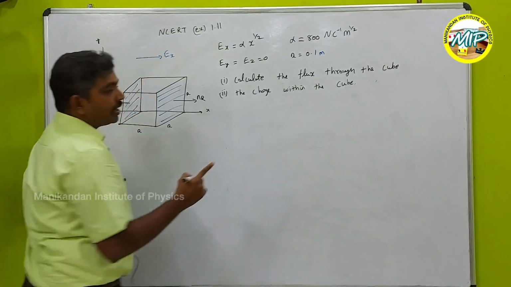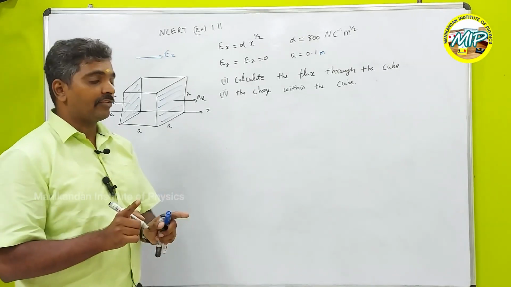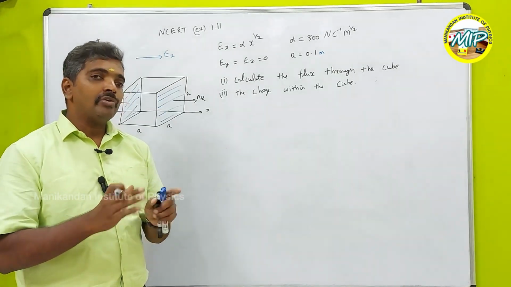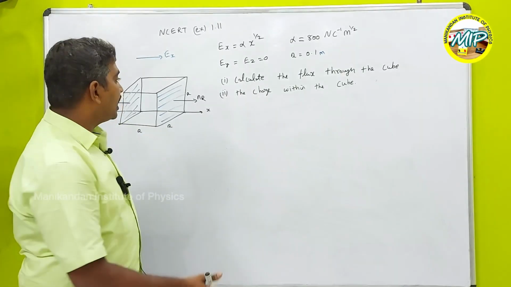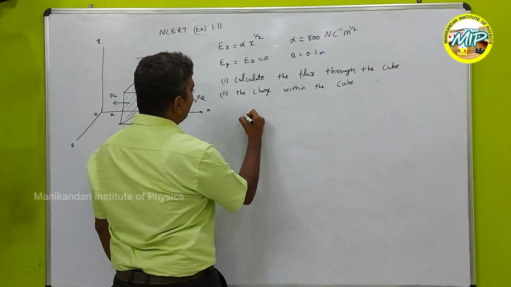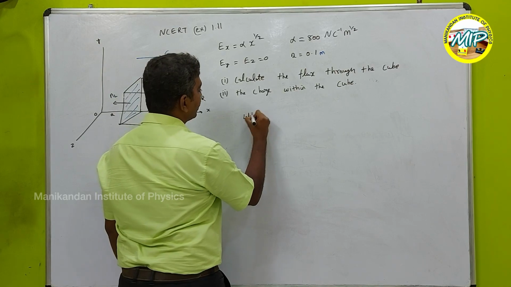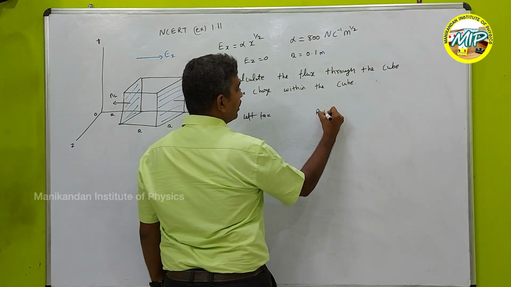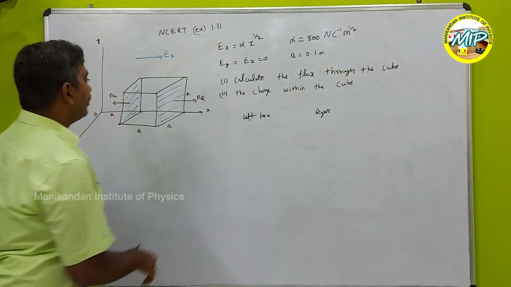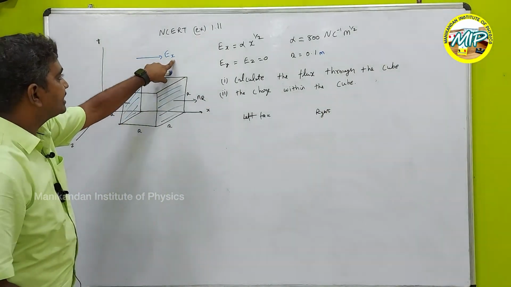What I am going to do here is find the total flux. To find the total flux, I am going to split it into 2 parts: one is your left face, the second is your right face. For the left face, my electric field is a function of x.